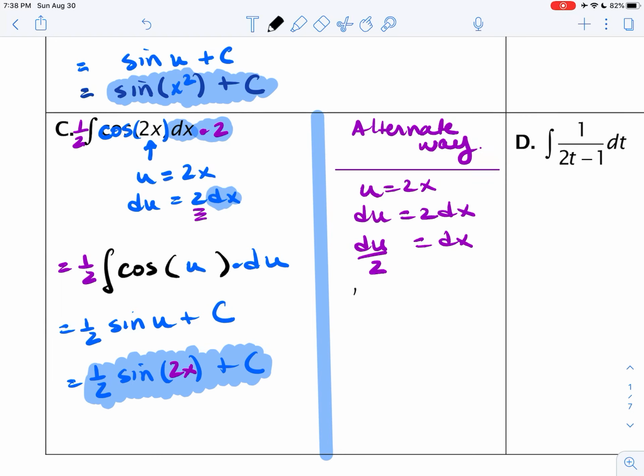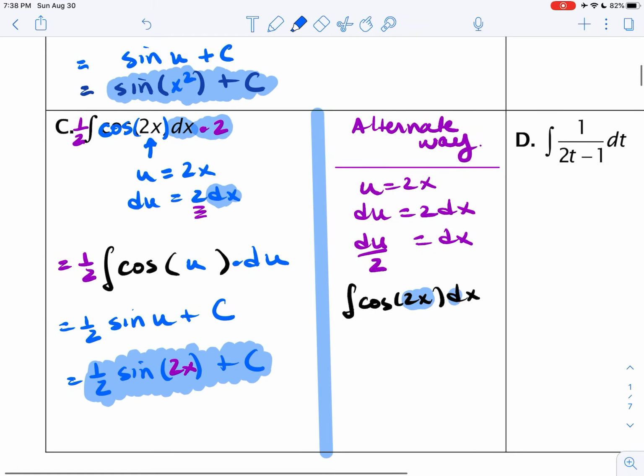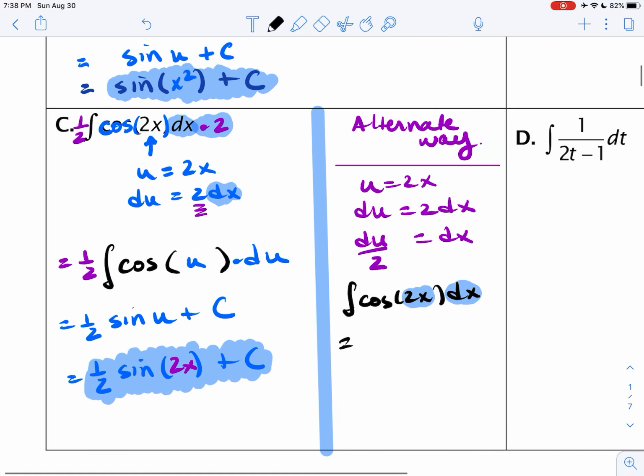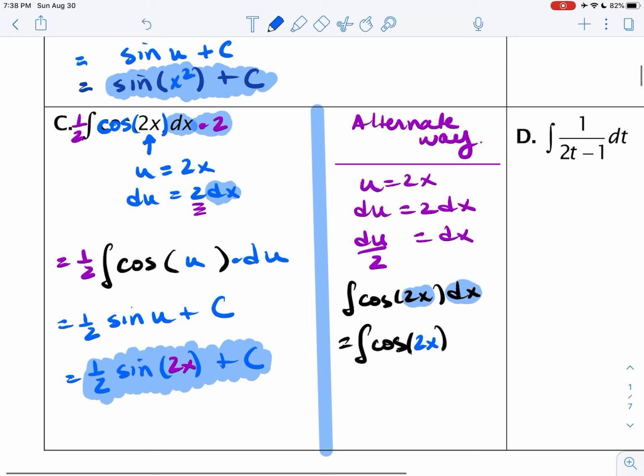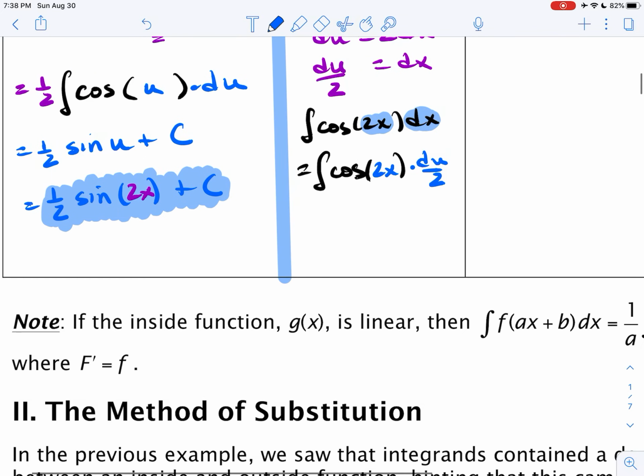And then if I took my integral of cosine 2x dx, I want to make a substitution for 2x, and I also want to make a substitution for dx, and I would get the integral of cosine, and my u would be 2x, and my dx would be du over 2.